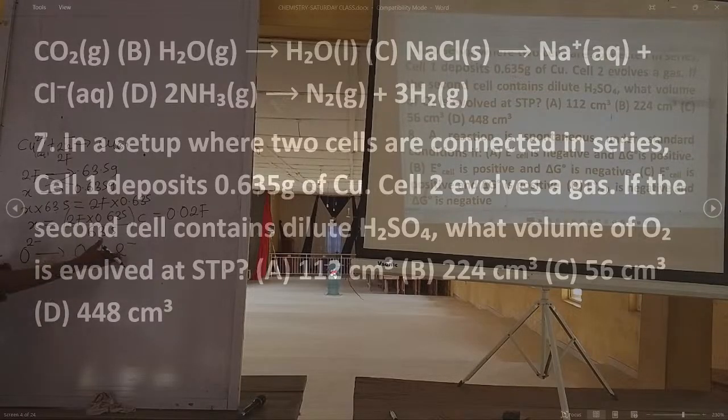Why is the electron on the right hand side here, and the electron is on the left hand side here? Because we know that this copper is a metal, and metal is always reduced, and reduction always occurs at the cathode. That is why you have the electron here. We know the type of reaction that occurs at the anode is oxidation, and oxidation is loss of electron. That is why we have the electron on the right side here.